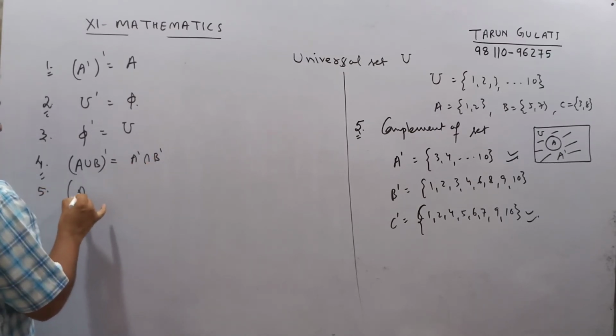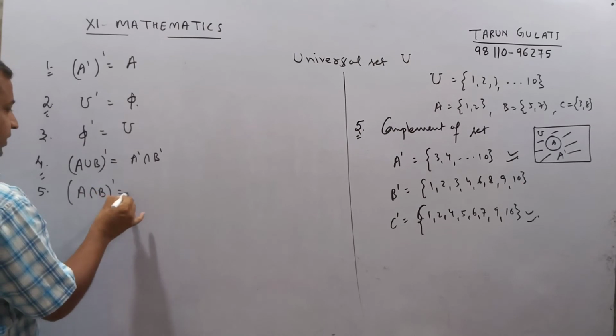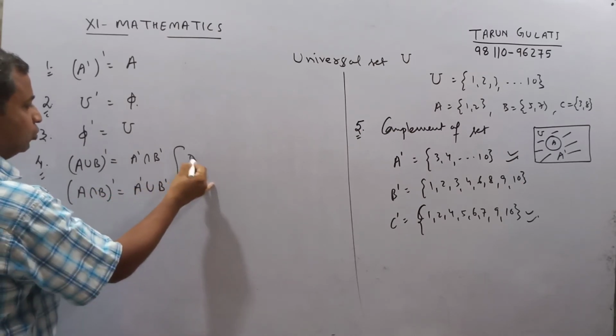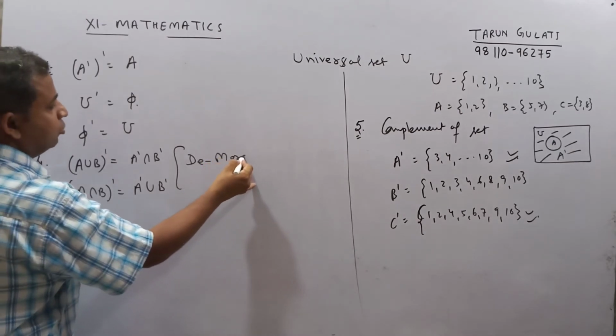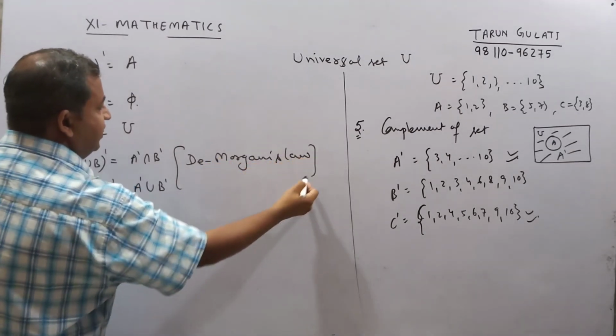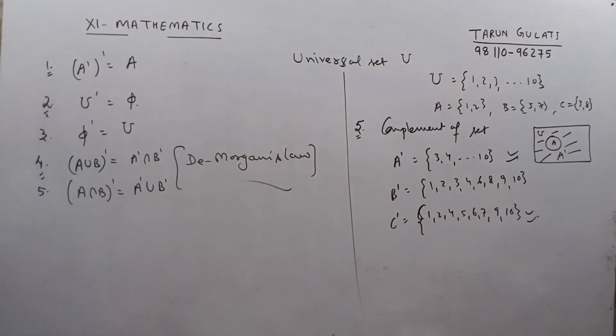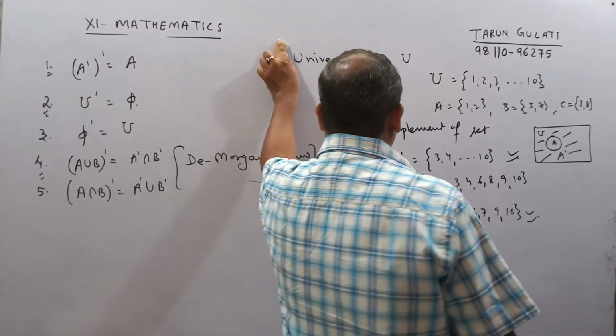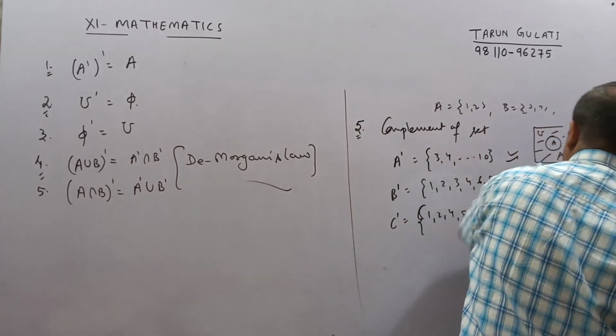Number 5, A intersection B complement is A complement union B complement. This is also known as De Morgan's law. This is the law of complement, the meaning of complement as well as the rules, and how to handle the complement of a set.